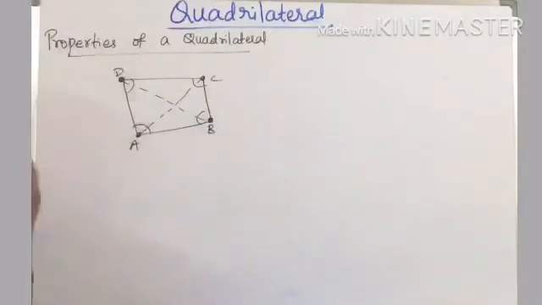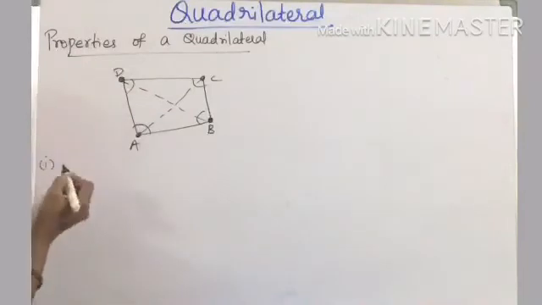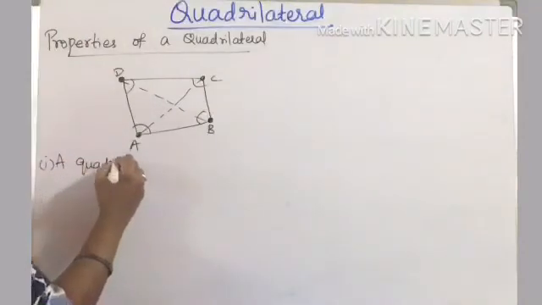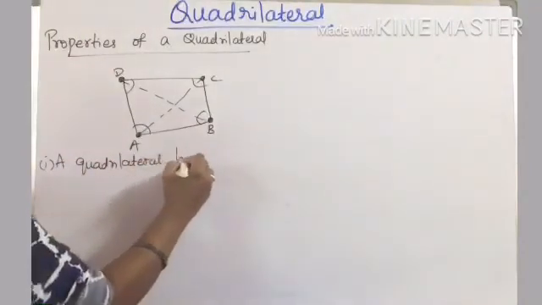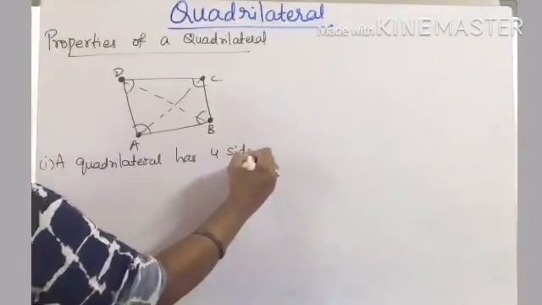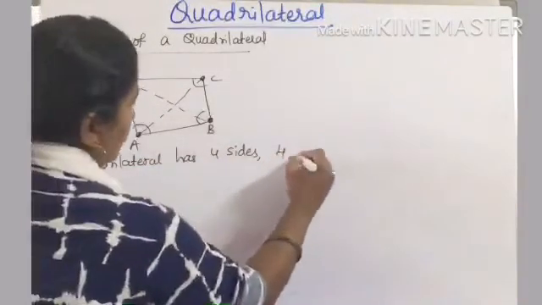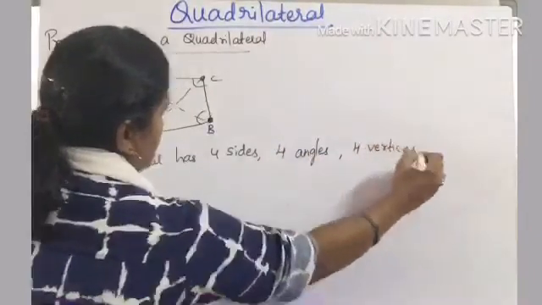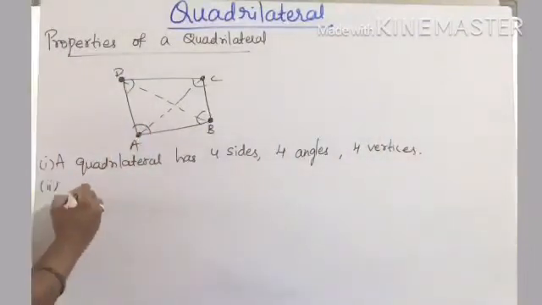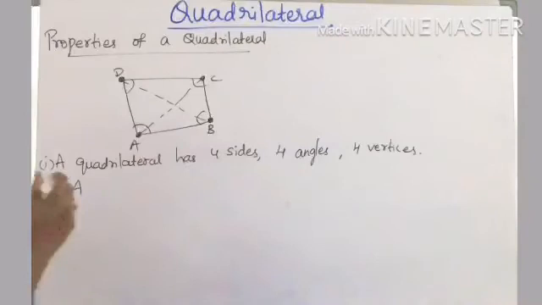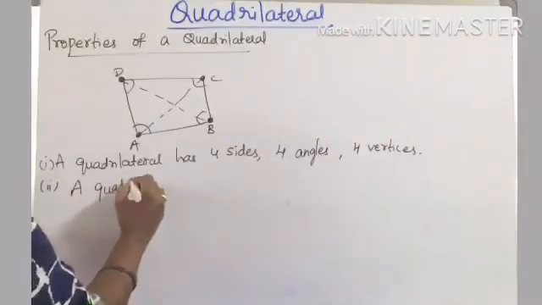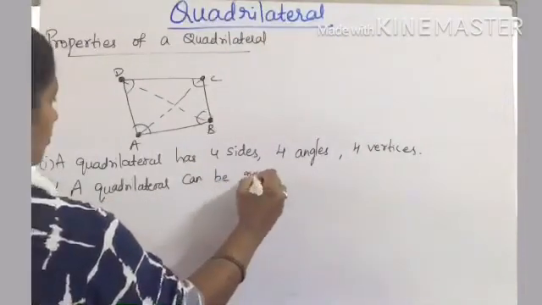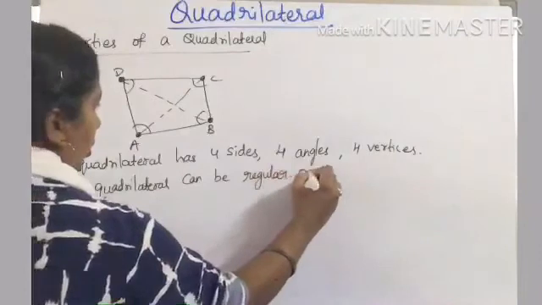Coming to properties, the first property is that a quadrilateral has four sides, four angles and four vertices. The next property is that a quadrilateral can be regular or irregular.